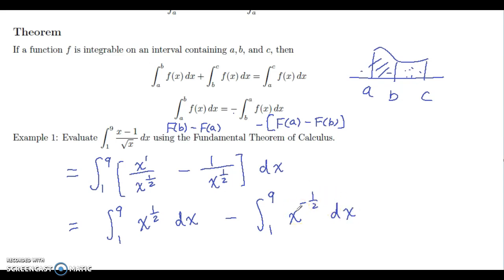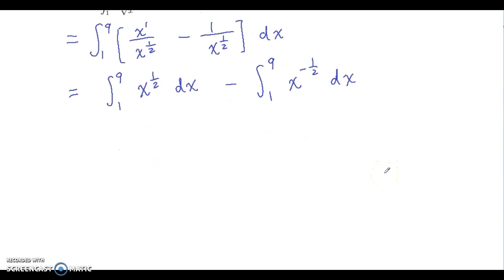Now once we break it down, we want to use the power rule. So the antiderivative of x to the 1/2 power is, you increase the power to 3 over 2.